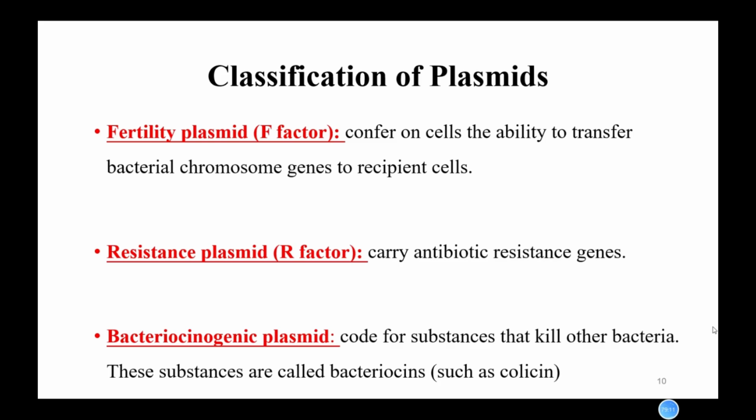So nowadays, we don't use bacteriocin as antibiotic to kill other bacteria because this is not a broad spectrum, and the value of utilization is not very good. Okay, so this is a bacteriocin plasmid.